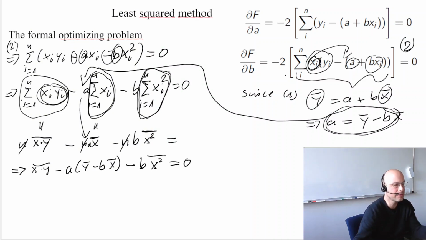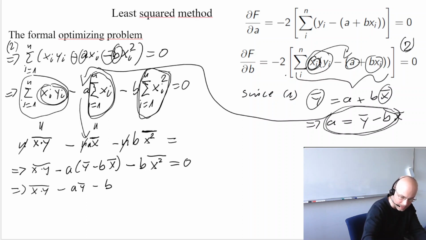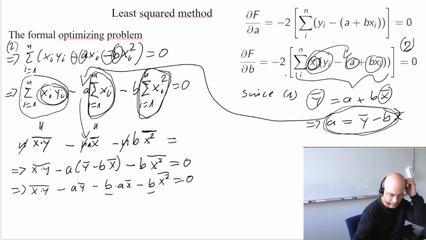And this you just have to solve for b. So we obtain y bar minus a x bar minus b times a times x bar minus b x squared bar equals 0.